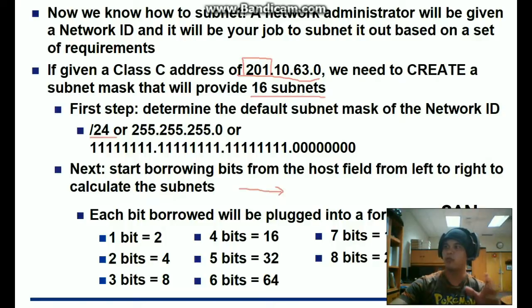So this is like 2 to the exponent, 2 to however many bits we have. So we have all zeros in the subnet mask. Let's turn these zeros into ones, and this will give us a number of subnets. All right. So we have all zeros right here. Let's turn this into a 1.